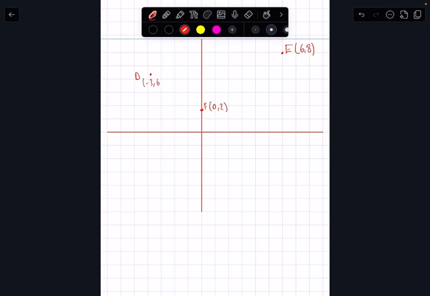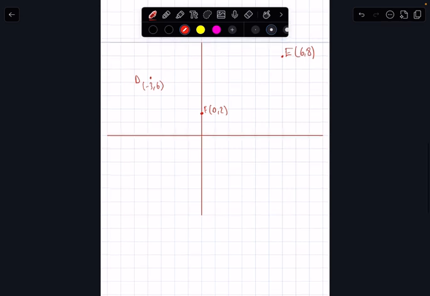Negative 3 to 6. Okay. So we want to find the distance in between these points.